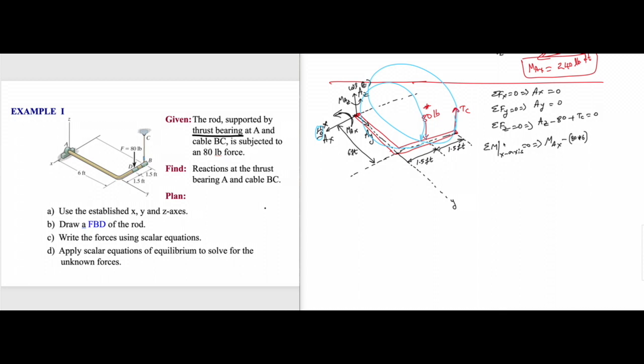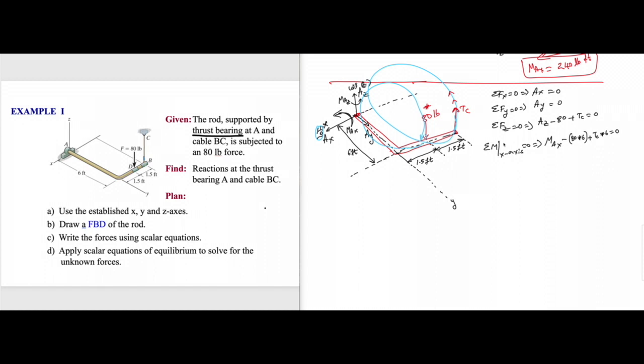So keep following the direction. With respect to the I, which is located on the positive x-axis, how is TC rotating? Counterclockwise. That means we have to give positive TC times, what is the distance? It is 6 away from x-axis, is equal to 0. That is the moment with respect to x-axis.